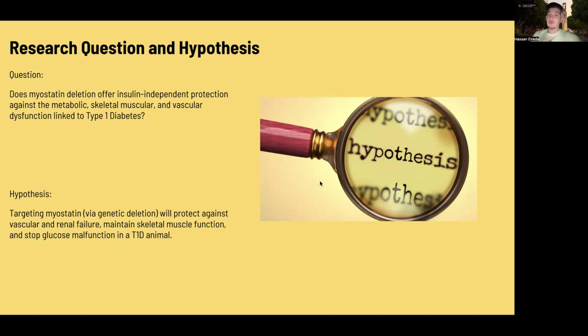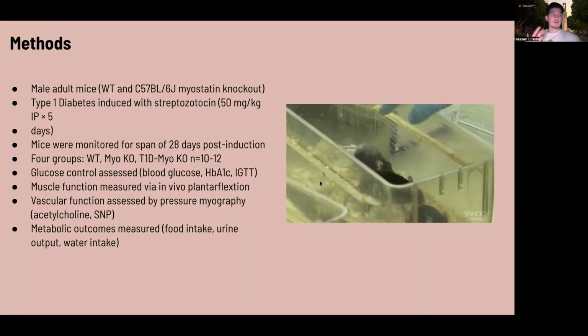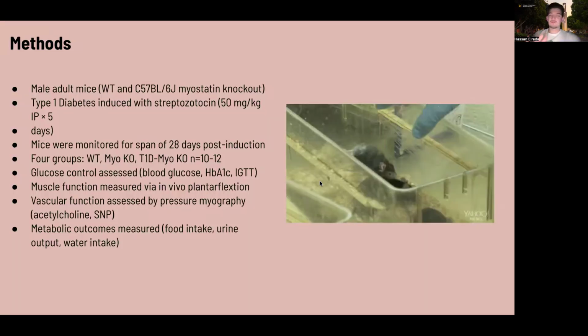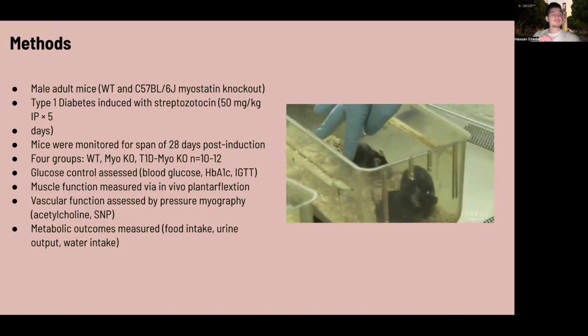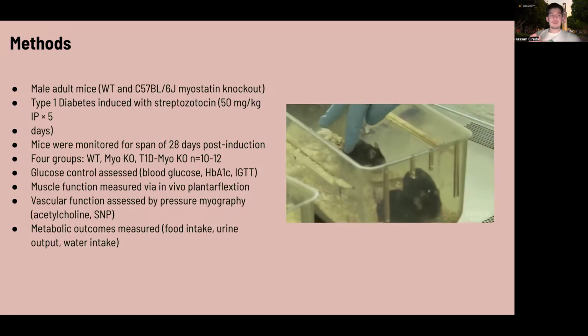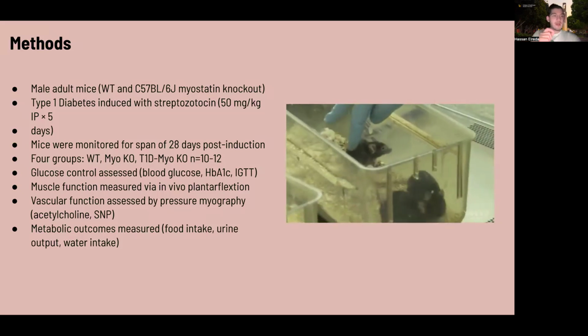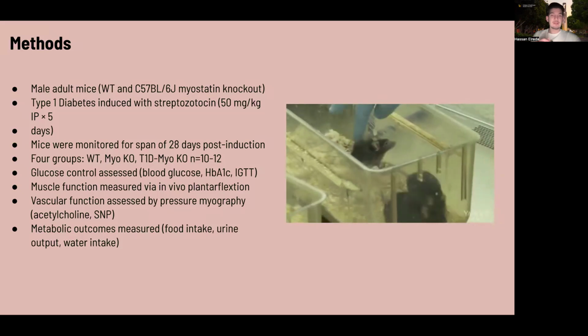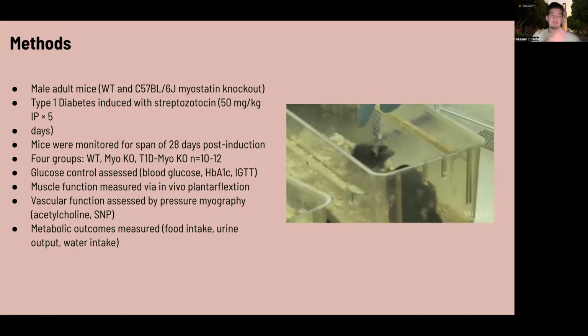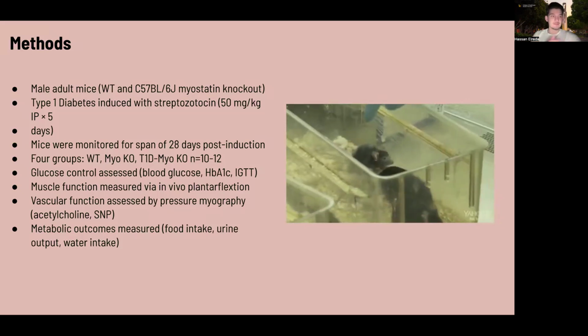It will preserve muscle function and protect against other complications even without restoring insulin. So now let's move on to our methods. To test this research, researchers used both normal mice and myostatin knockout mice. They induced type 1 diabetes using a chemical and monitored the mice for 28 days post-induction. We had the four groups listed on the slides.